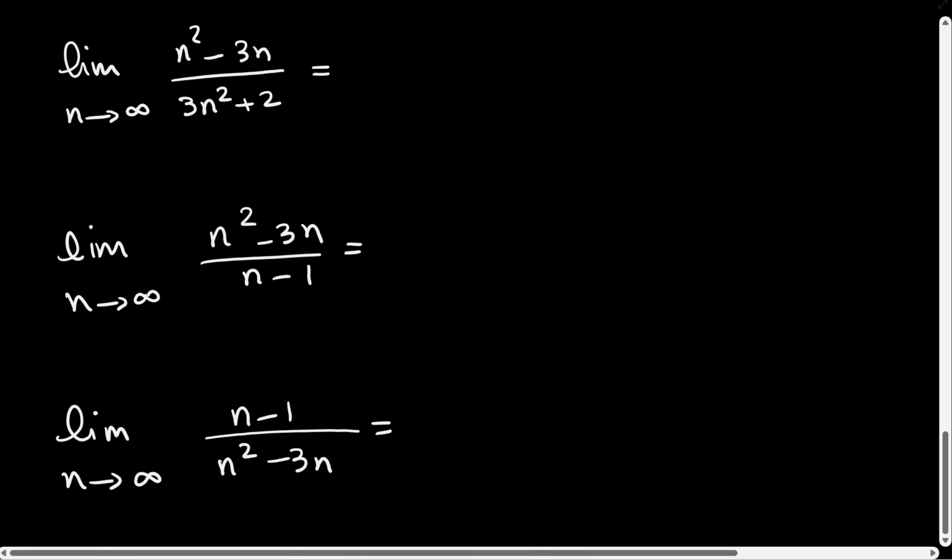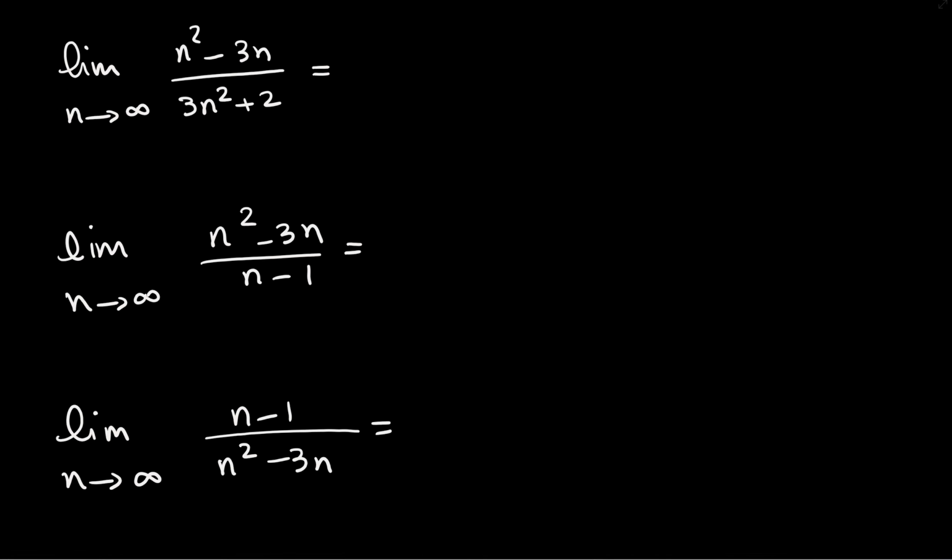The next type of question for the sequences can be a polynomial in the numerator and another polynomial in the denominator when n approaches infinity. We want to see if this sequence converges or diverges. If there is a polynomial in the numerator and another polynomial in the denominator, definitely the approach should be: factor the highest degree of the numerator, factor the highest degree of the denominator, simplify, use the rule, and find the final answer.